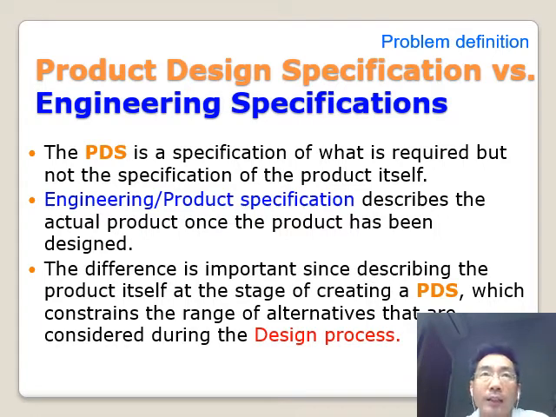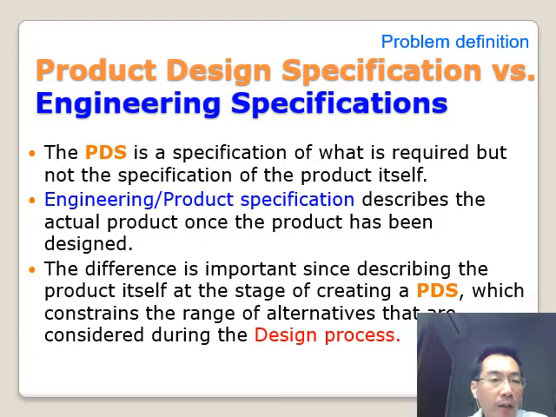Of course, at the start of the project or when finding a solution, you can only suppose and have a study. You can't have the details at the start. While an engineering or product specification will describe the actual product once the product has been designed. That means after a process, finally we convert this solution into a product.